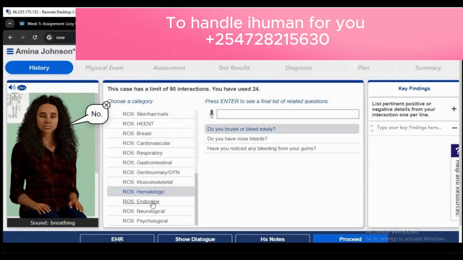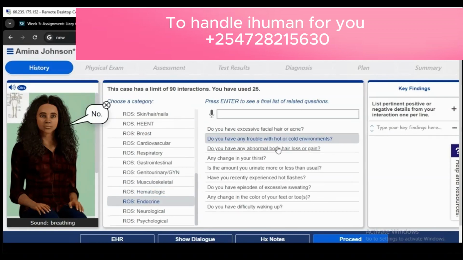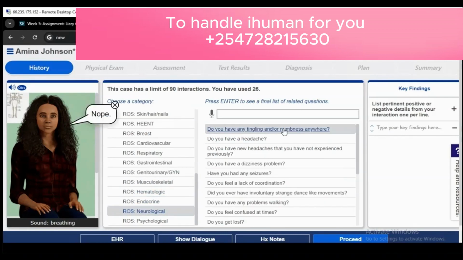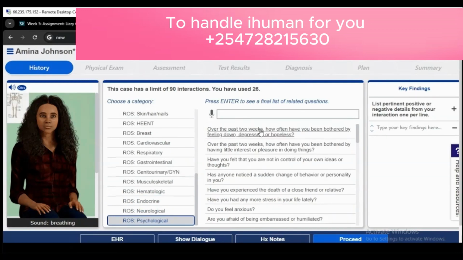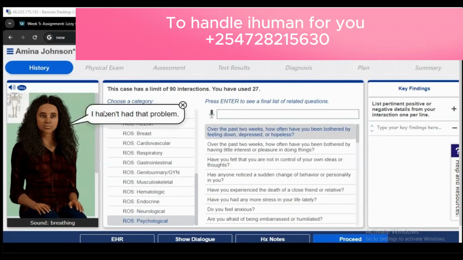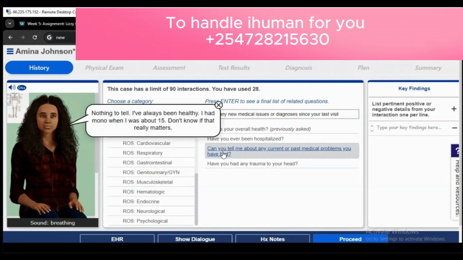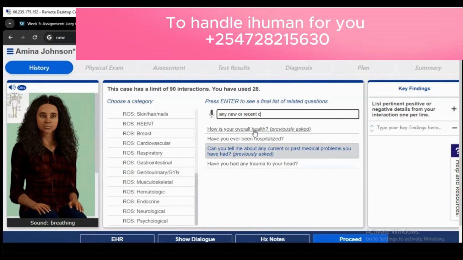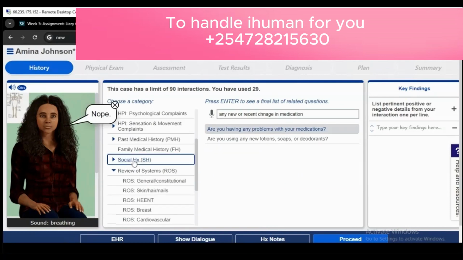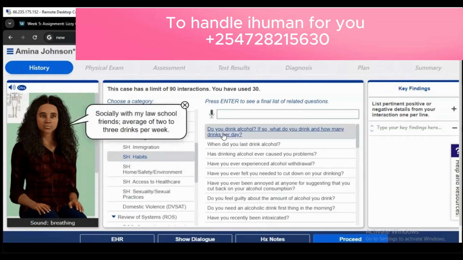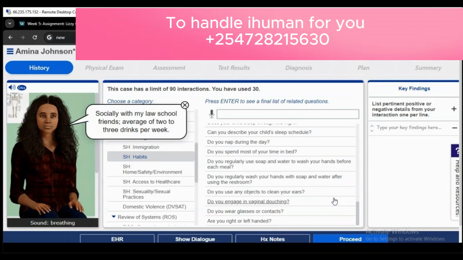Yes, so when I ask if the patient has any medical issues, these are questions mainly designed to determine something related to the patient's treatment, because whenever you're dealing with a patient, one of the things you'll do is maybe prescribe some medication.